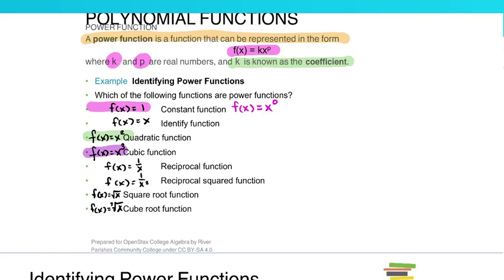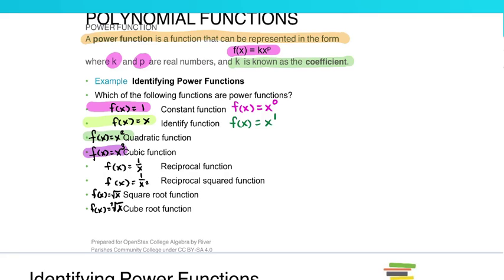What about f of x equals x? For this one, we could write this as f of x equals x to the first power. So that is a power function as well.